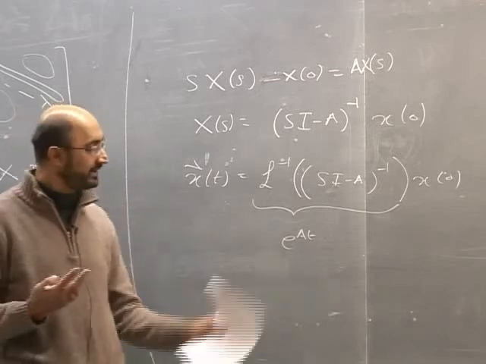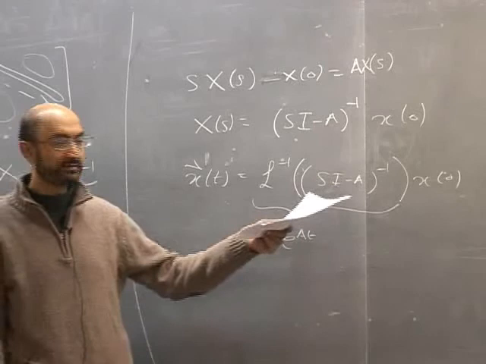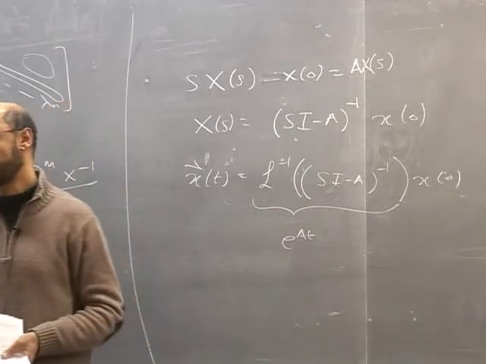Okay, and again, if A is diagonal, this turns out to be pretty straightforward, because sI minus A is going to be diagonal as well, right?